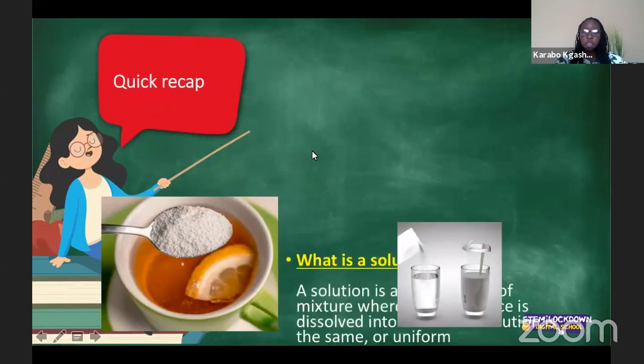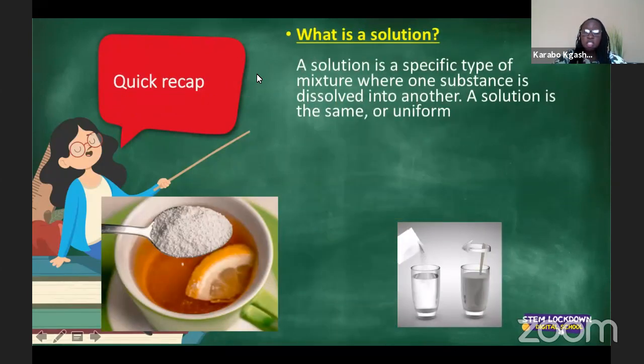All right, so let's just do a quick recap. We basically spoke about solutions and mixtures last week, and if you joined us, I'm sure you can remember that topic very clearly. We tried mixing some water and sugar. So what exactly is a solution? A solution is a specific type of mixture where one substance is dissolved into another. A solution is the same or uniform.